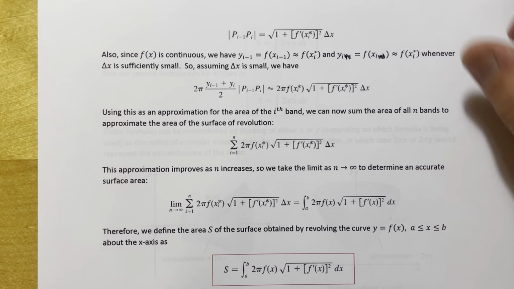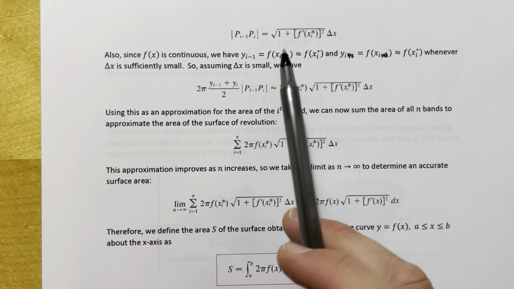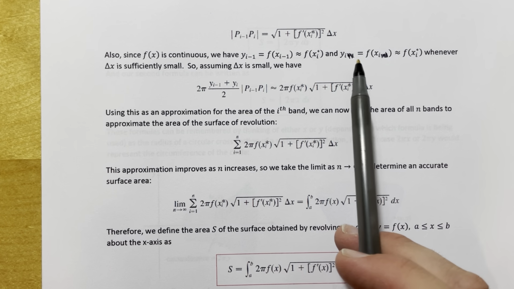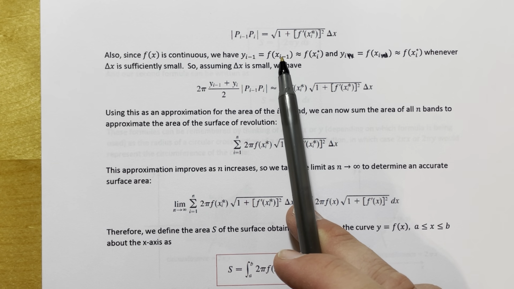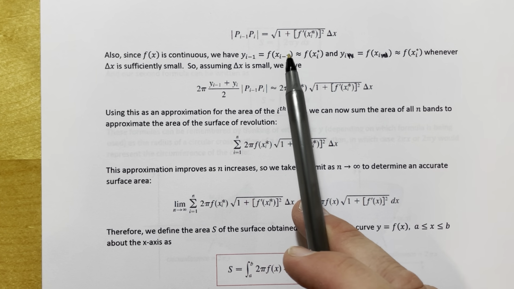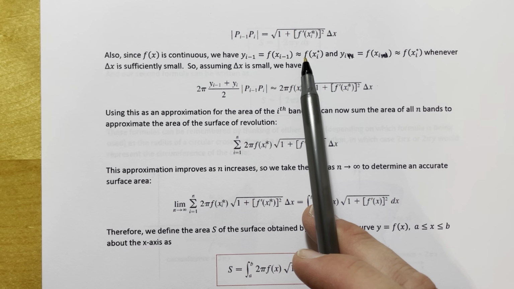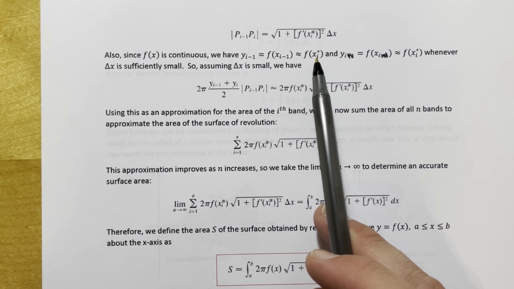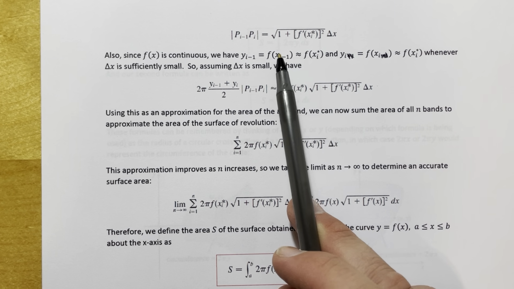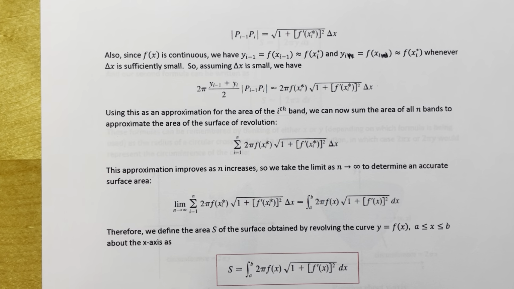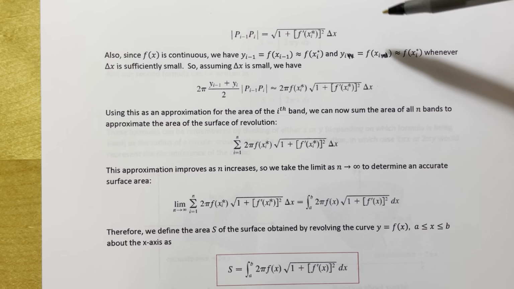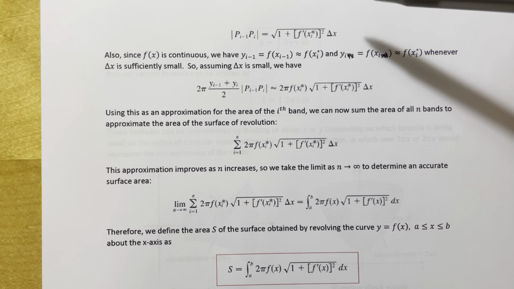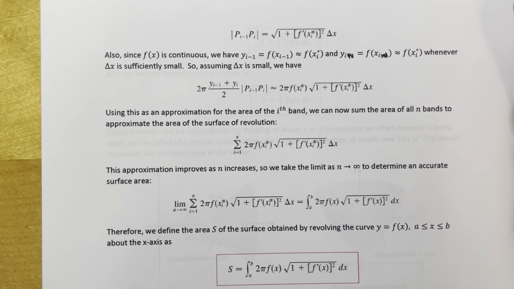So the point of all of that discussion is that the yi minus 1 and the yi, which comes from plugging my endpoints of my subinterval into my function, are both going to be approximately f of xi star, because xi star is some number between those two endpoints, okay? And again, that follows from the fact that f is a continuous function, and we're assuming that the subinterval that we're using here is relatively small, okay?